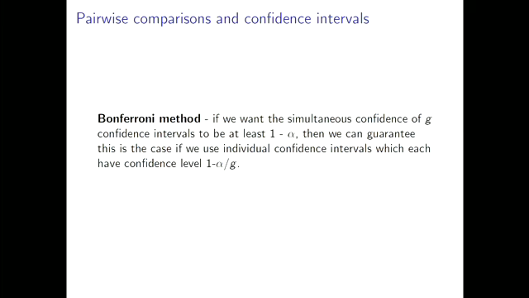So the Bonferroni method basically says, 1 minus alpha is the confidence level usually. Alpha is 5%, so we're talking about 95% confidence intervals.